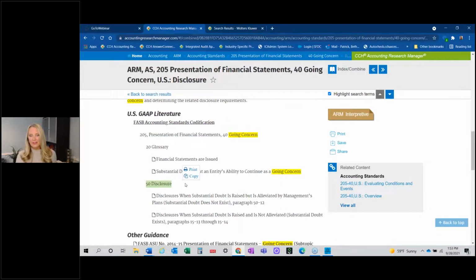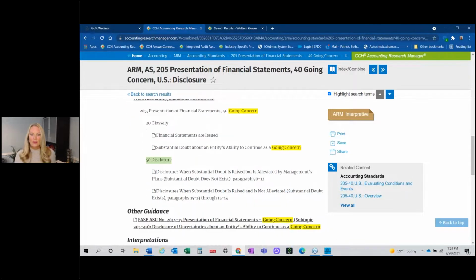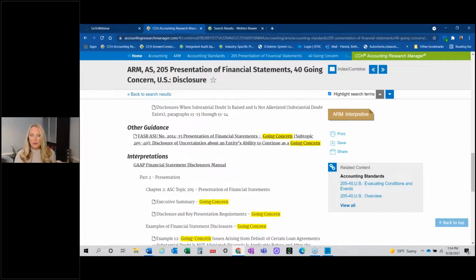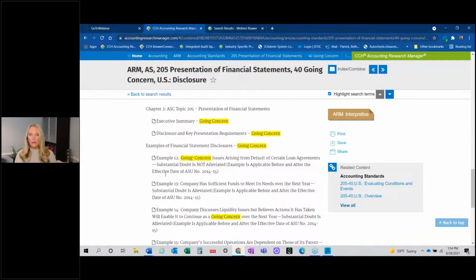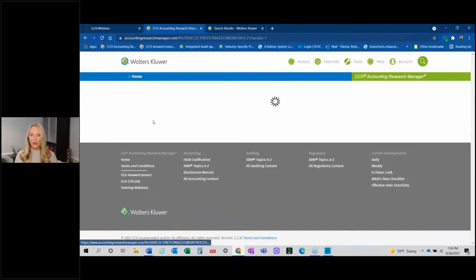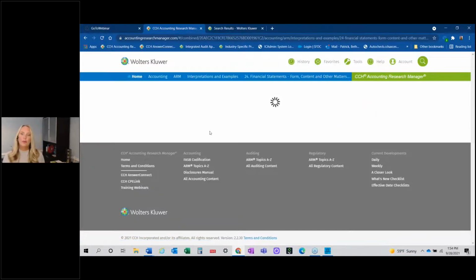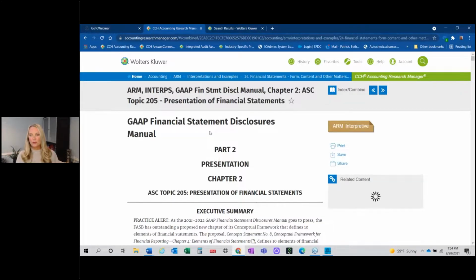These are some of the example disclosures. Here's our interpretations. Do you need some example disclosures? Click right into here. So see how I didn't need to go through those 2,000 hits. I now can just go in, start some of my research right from this great page that I found by doing the keyword search.